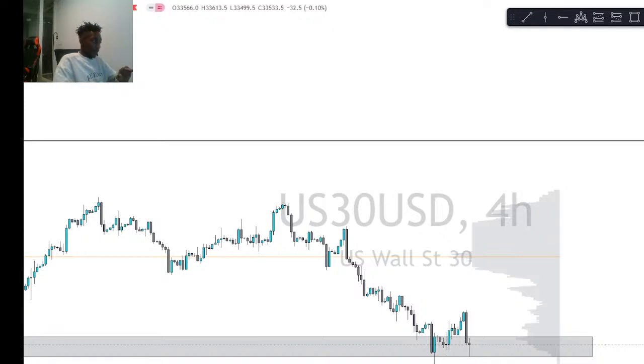This is a false breakout, and the next candlestick broke back inside. USDT is respecting the zone, meaning we have to start looking for buying opportunities.